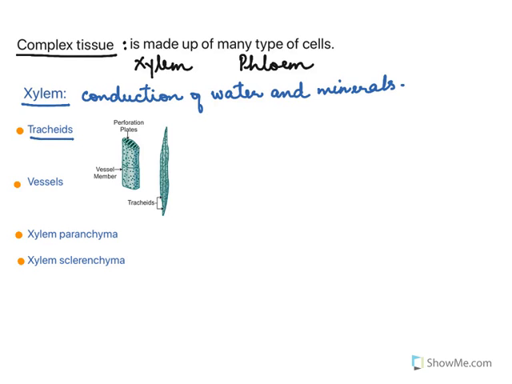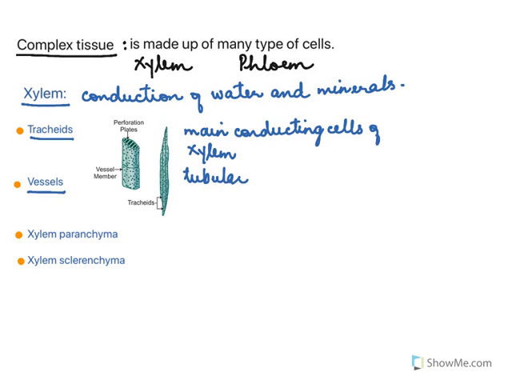The tracheids and the vessels are the main conducting cells of the xylem. Most of the water and the minerals are transported through the vessels and tracheids. These cells are tubular and they are placed end to end. They form long channels through which the water moves up into the plant.